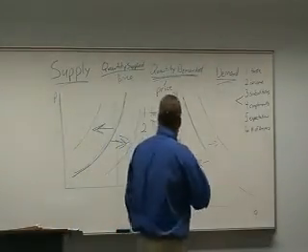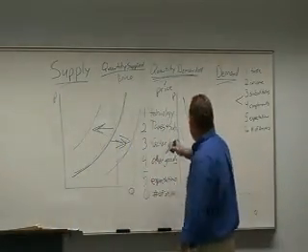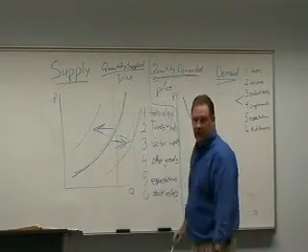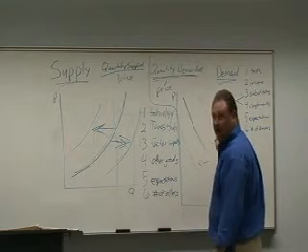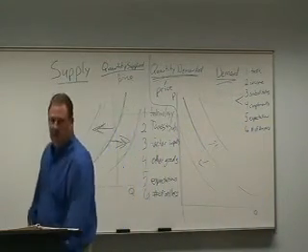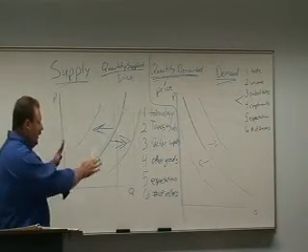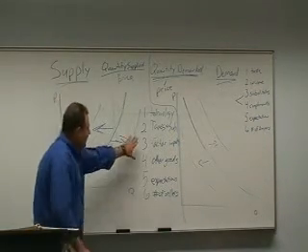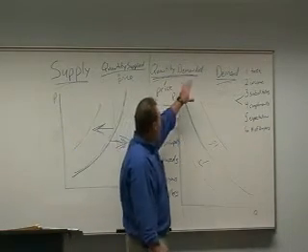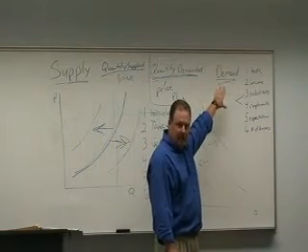Now something I want to point out real quick is there is a division between these two. You are a buyer or you're a seller. You are not both. They do not interact. These 6 factors here, the determinants of supply, have no impact on demand whatsoever.